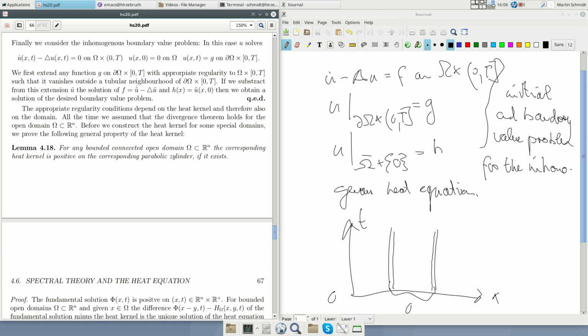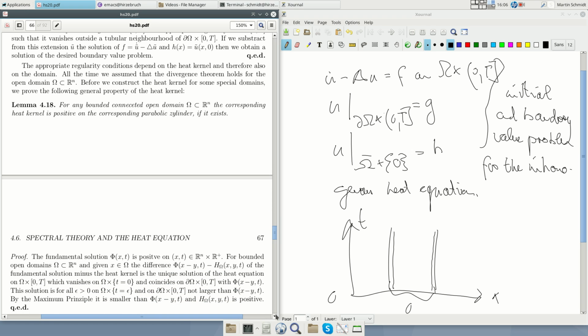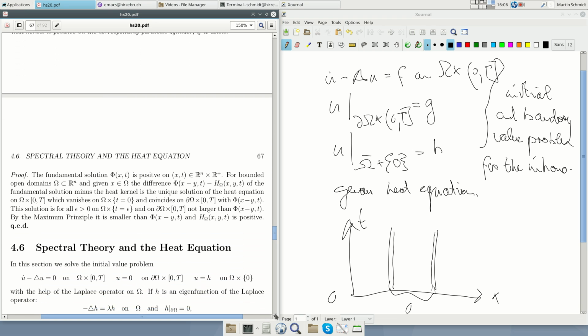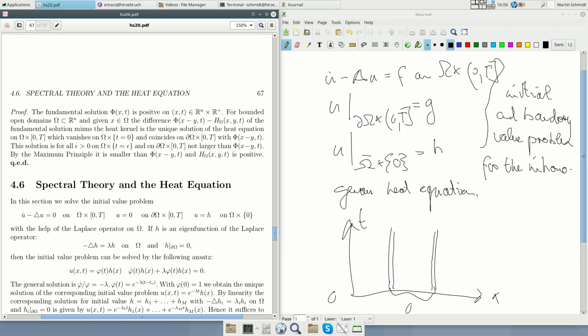So now we have another important property, that the heat kernel is always positive on the parabolic cylinder if it exists. Yeah, this follows by the maximum principle.